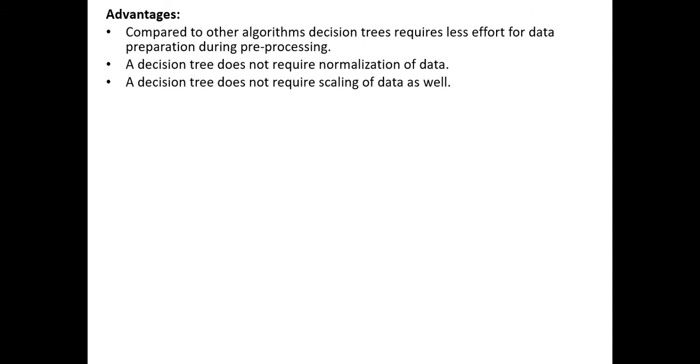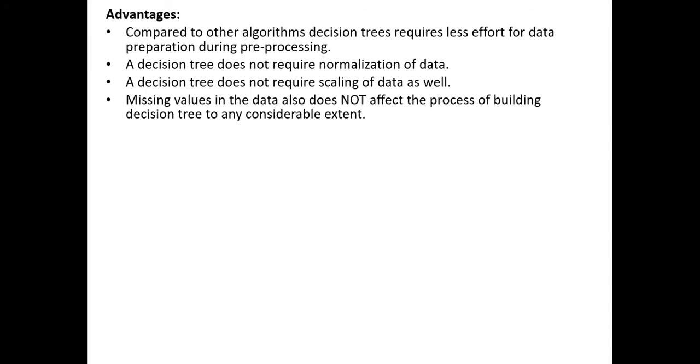Decision tree does not require normalization of data, like we do feature scaling. Decision tree does not require scaling of data as well, like normalization. Missing values in the data also do not affect the process of building a decision tree to any considerable extent. So if there is a small change in data, it will not affect the full tree.